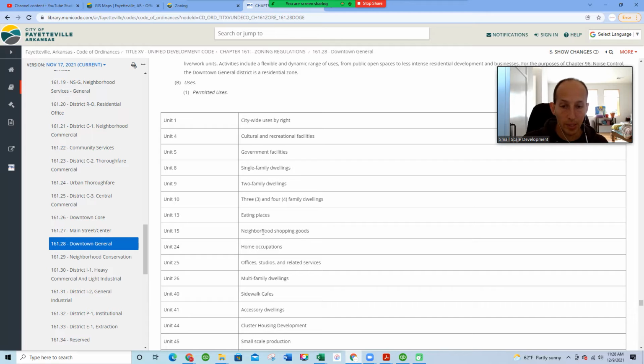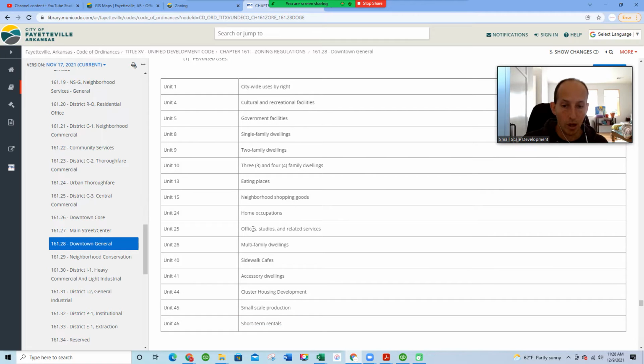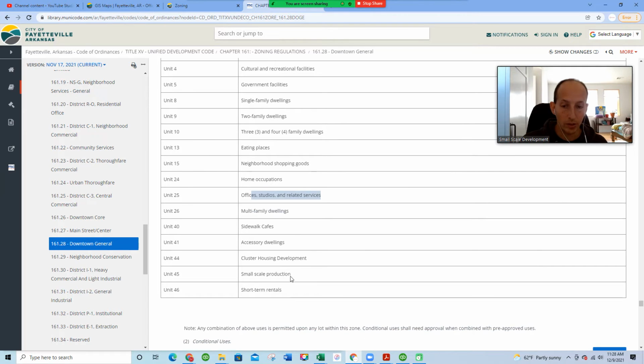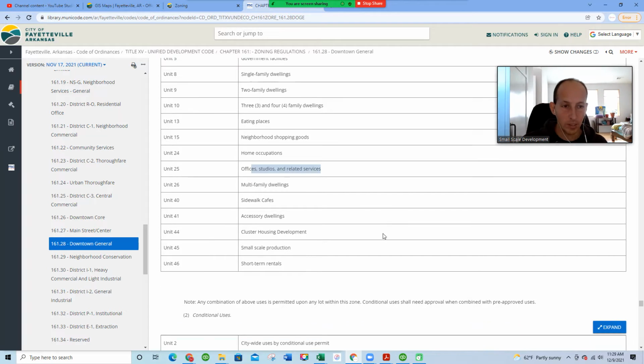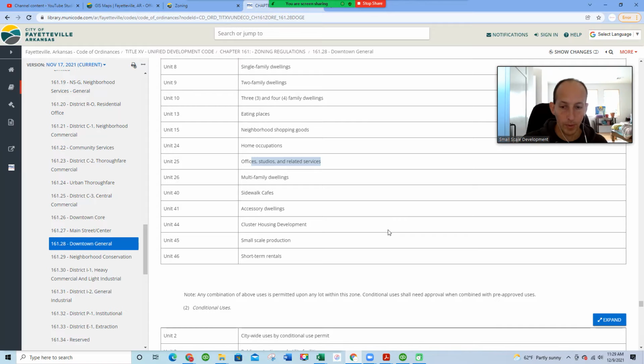There's shopping goods, eating places, home occupations, offices, studios, multifamily, sidewalk cafes, small scale short-term rentals. So a whole range of things can be built in downtown general, which makes it a very flexible, nice thing to be able to develop in.